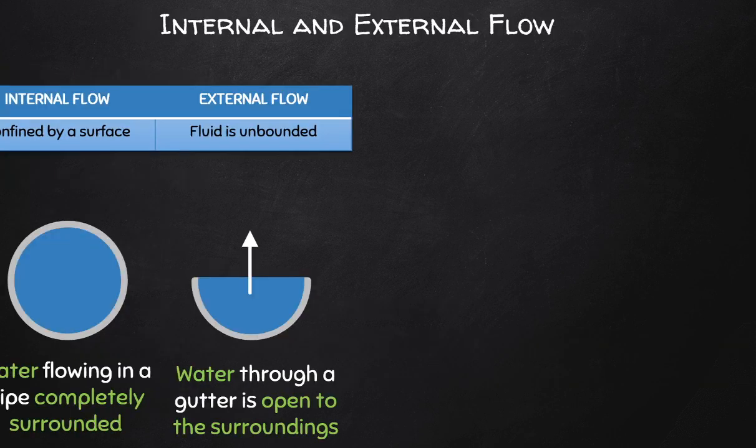So let's get right into it and first go over what we mean by internal and external flows. Internal flows occur when the fluid is completely surrounded by and interacts with a solid confinement, like inside a pipe. External flow is different in that it is not completely confined and so does not interact completely with a solid interface.